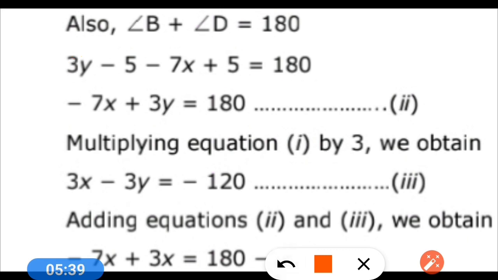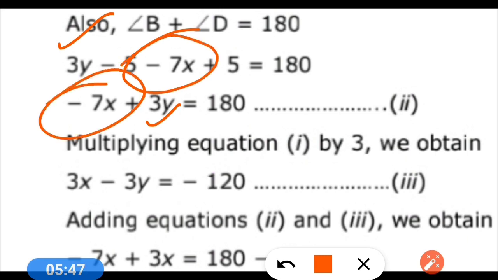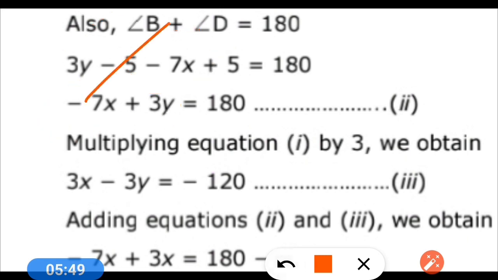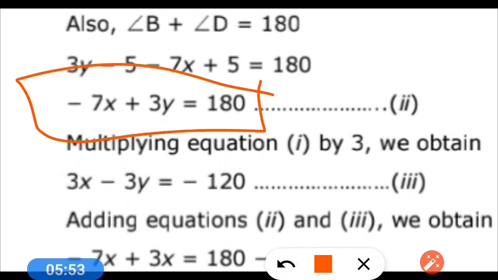Now when we solve it, 3y will remain the same, minus 7x stays minus 7x, and minus 5 plus 5 will cancel out. So in the end we'll get the equation minus 7x plus 3y equals 180.